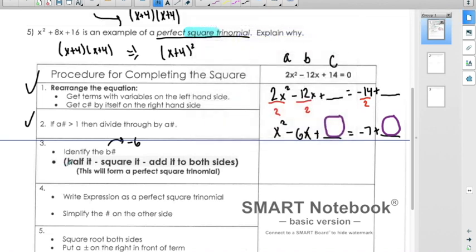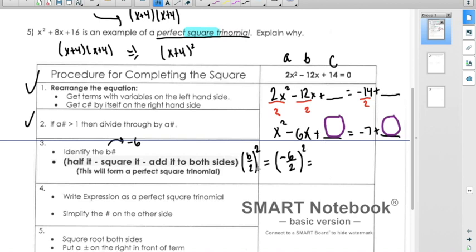And the way we do that is we take the b value, we half it, and then we square it. And it looks something like this. b over 2 squared. So, again, my b value is negative 6. So what I'm going to do is negative 6 divided by 2, squared.